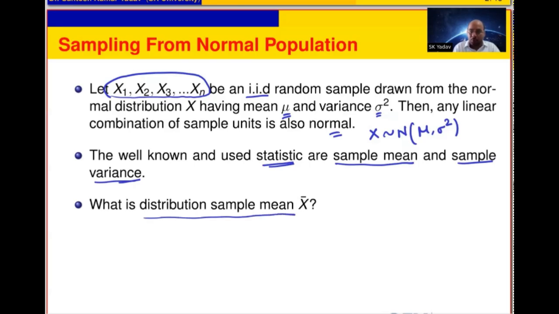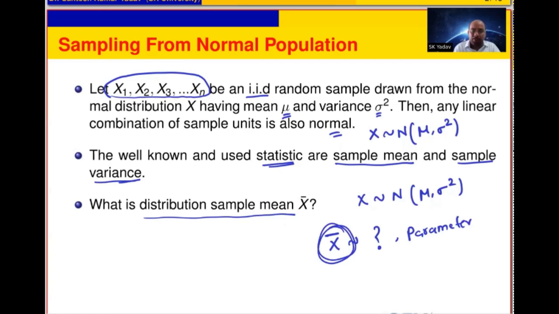That means when the population X follows normal with the two parameters mu and sigma square, what kind of distribution, with which parameters, will your sample mean x bar follow? We need to compute this.